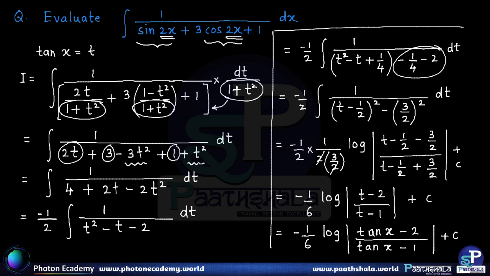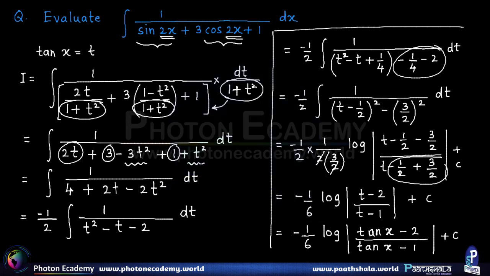Actually, 3 by 2 plus 1 by 2 should be plus 1, so the answer has tan x plus 1 in the denominator. That is how we solve this type of integral, by putting the substitution of tan x as t.